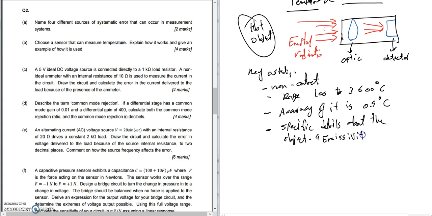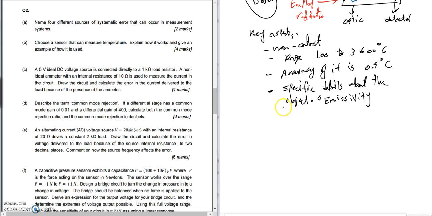Emissivity comes from emission. And finally, it's passive.